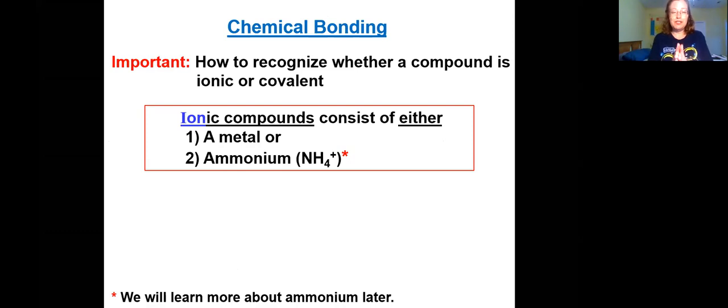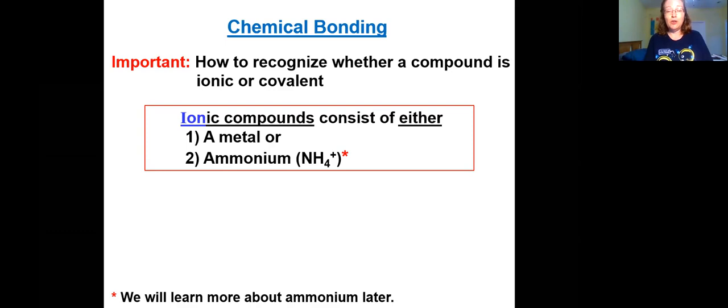Here is what's really, really important: how to recognize whether a compound is ionic or covalent. There's going to be a ton of material based on whether you can look at a name or a formula for a compound and know if it's ionic or covalent. I cannot stress this enough, how important it is to be able to do this. So what I did was I came up with only 2 ways to be ionic.